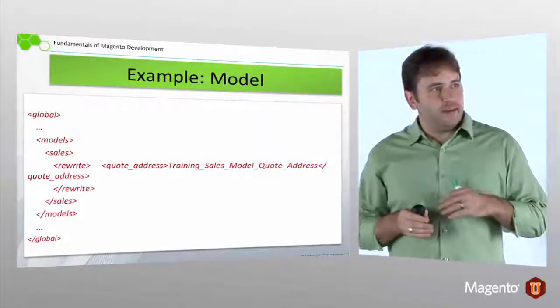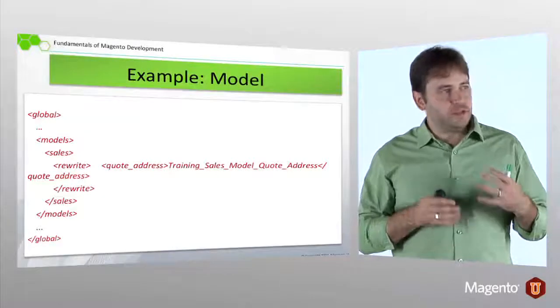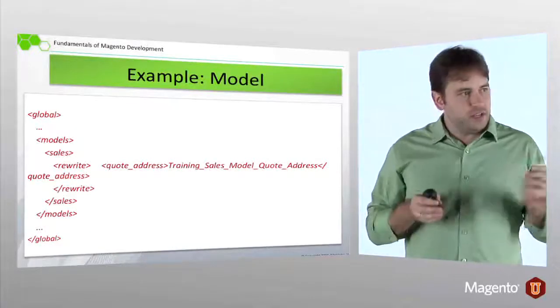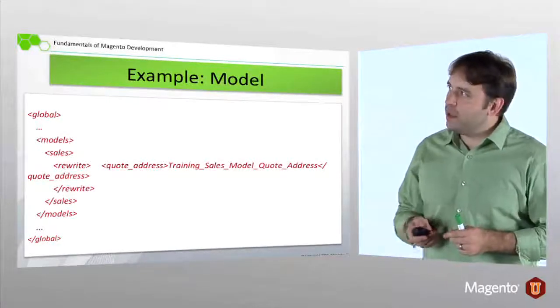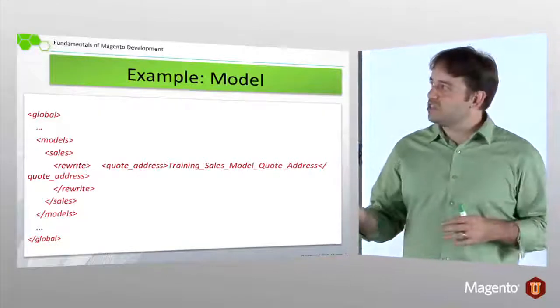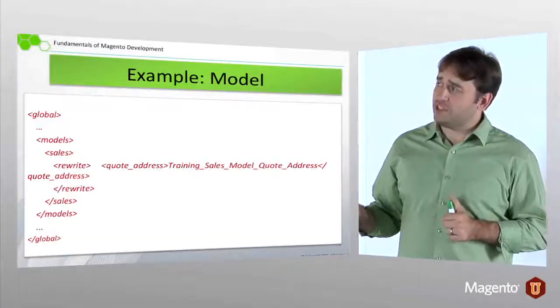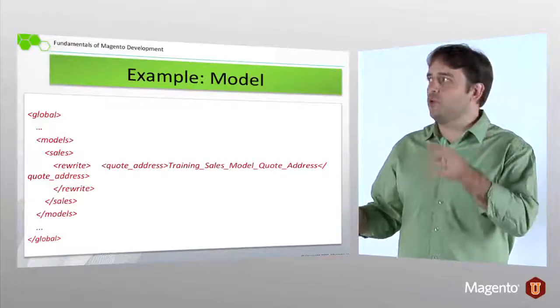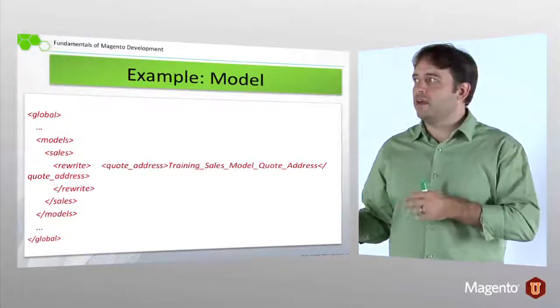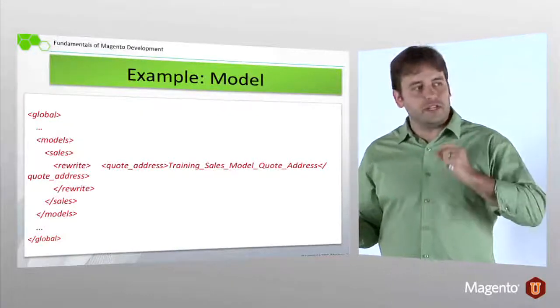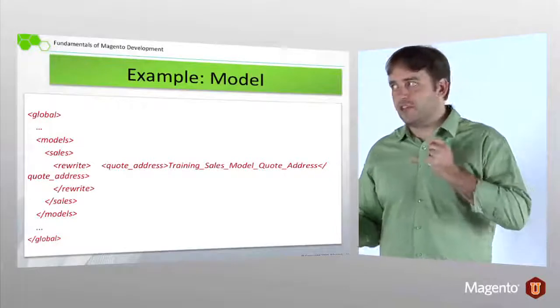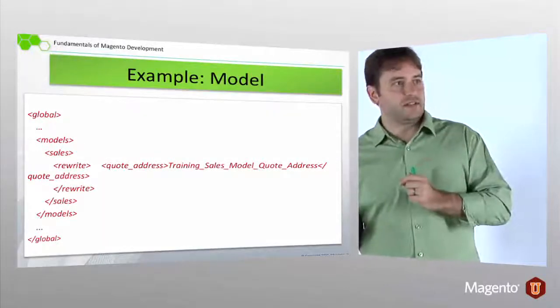If you look in app/code/core/Mage/Sales/etc/config.xml and grep through that file, you'll see this path. You'll see config, global, models, right? And then inside there, you'll see sales. And inside sales, you'll see class.